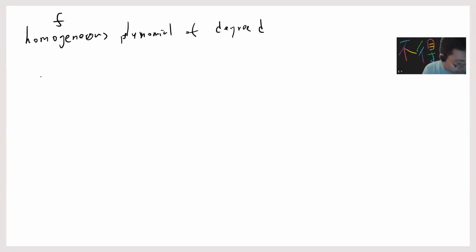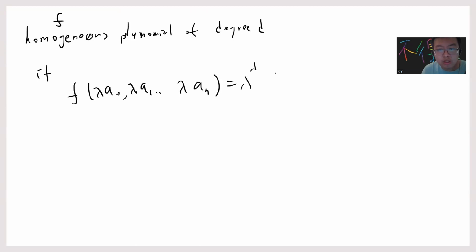Okay, so now we can define a homogeneous polynomial of degree d. We say f is a homogeneous polynomial of degree d if f(lambda a0, lambda a1, up to lambda an) is lambda^d times f(a0, a1, ..., an).